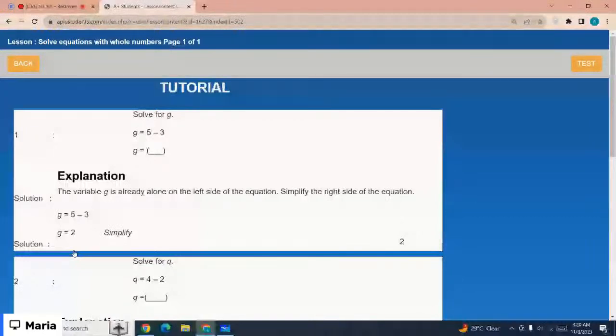Basically, you have to isolate the variable. Isolate means on the one side you have just variable, and on the other side you have the rest of the things, and then you have to evaluate, right? So 5 minus 3 is 2, so g equals 2. Got it? Let's just start with the practice questions.